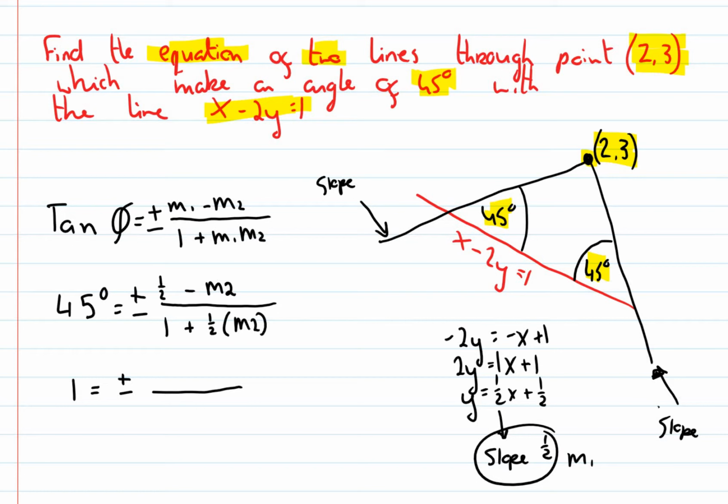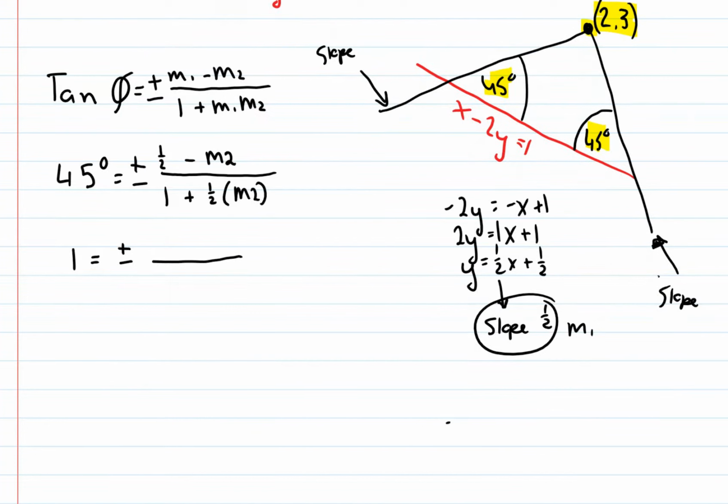If I could multiply top and bottom by 2, I'd get rid of those halves. And I can do that. We'll just prove it to you. 8 equals 16 over 2. If I multiply the top by 2, I get 32. If I multiply the bottom by 2, I get 4. 32 over 4 is still 8. So as long as I do the same to both top and bottom, I'm fine.